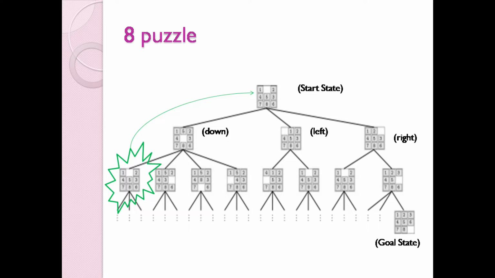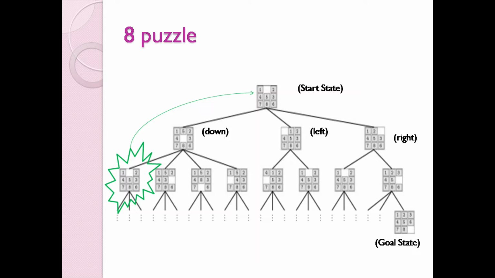The next level: look at the first node of the second level. The empty space is at the center. When it is at the center, the empty space can be moved in 4 directions, up, down, left and right. That is why it is branched into 4 nodes.